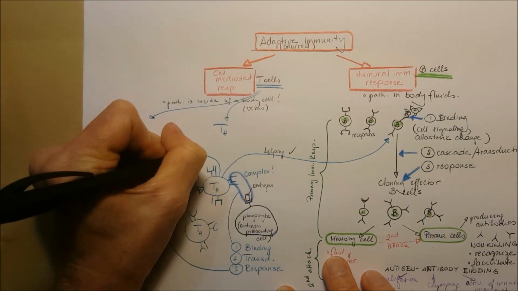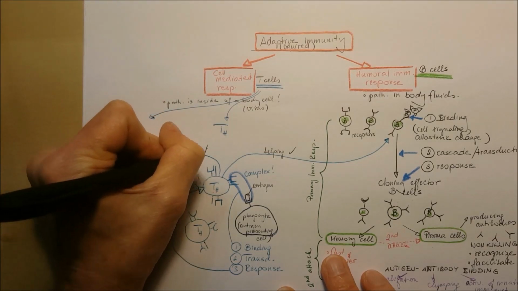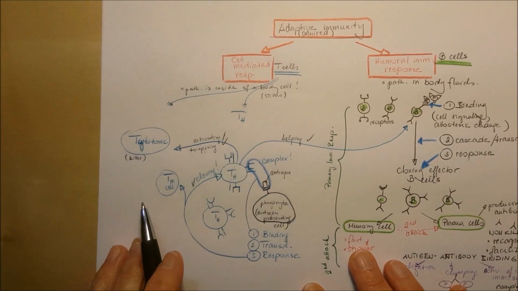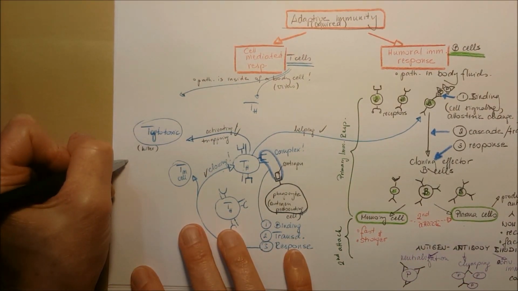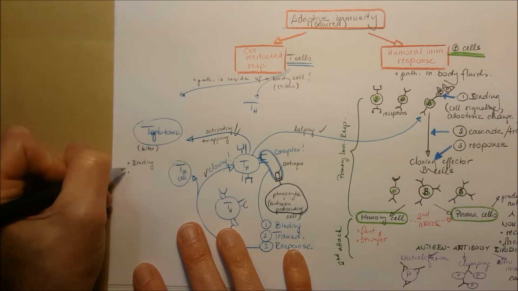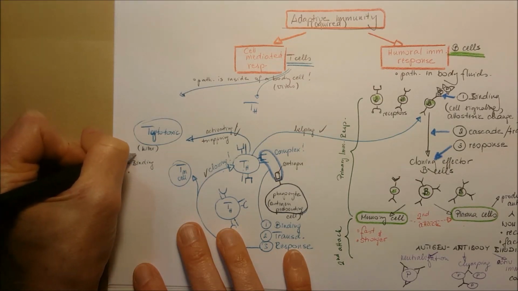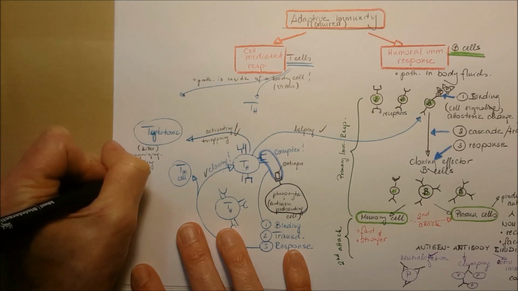And the killer cell, the cytotoxic, recognizes self and non-self receptors on the infected cells. It is also going to do the binding with the infected cells. Allosteric change will take place, transduction will take place, and response.